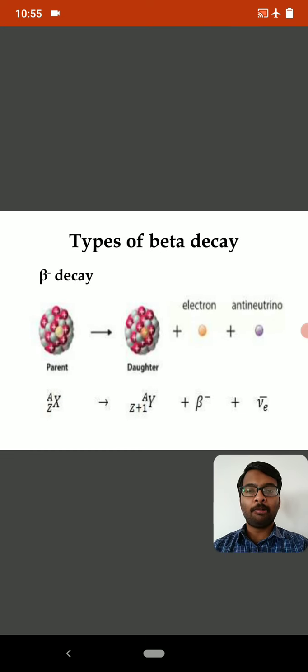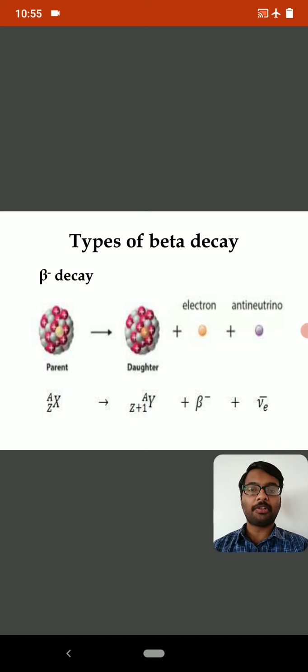Then, to understand the different types of beta decay, initially we defined beta decay as nothing but the conversion of one type of nucleon into another type of nucleon. That is, a neutron is converted into a proton or a proton is converted into a neutron.